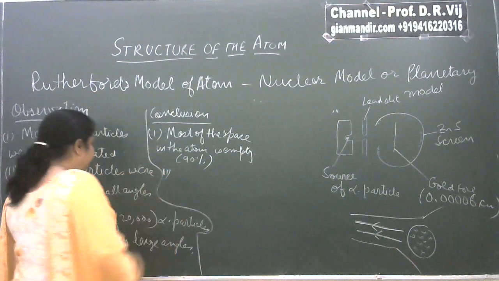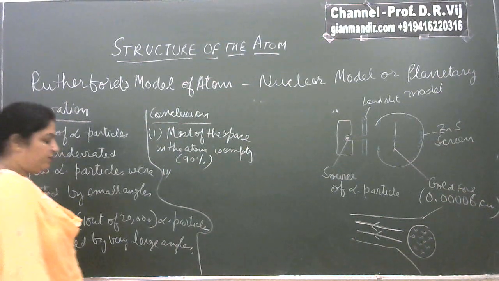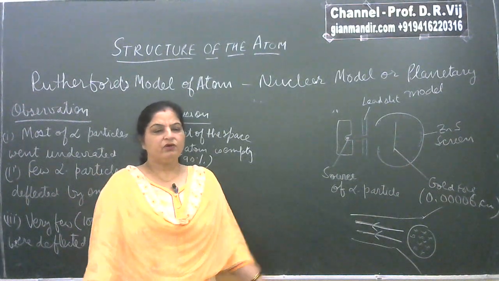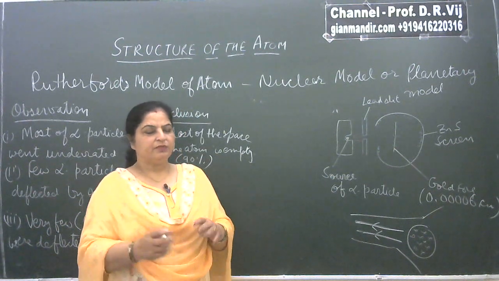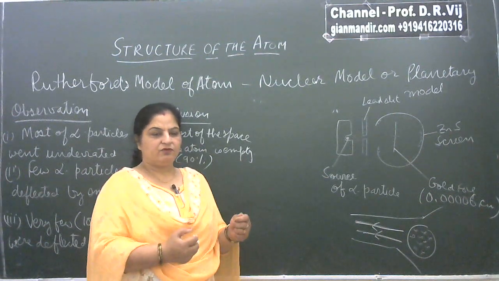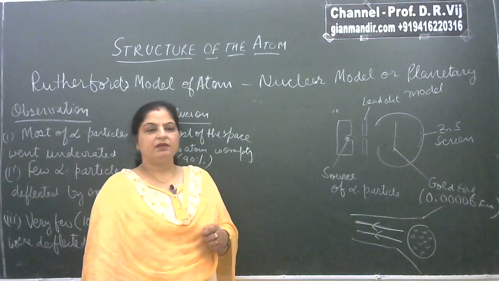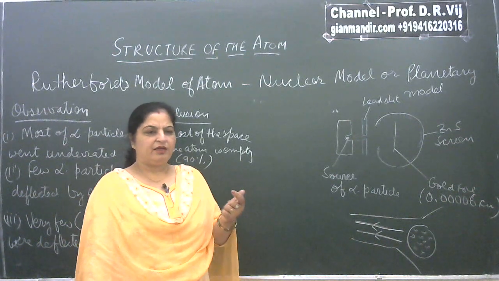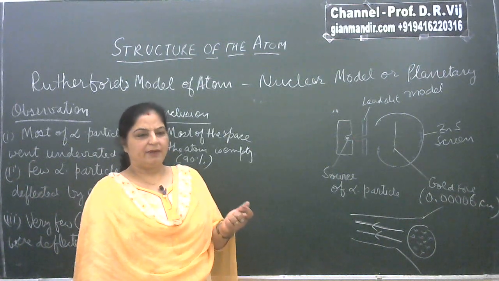Secondly, he observed that a few alpha particles were deflected by small angles, and alpha particles are positively charged and quite heavy in mass. So they could be deflected only by the positively charged protons. The negatively charged electrons cannot change the path of alpha particles, as the mass of an electron is negligible compared to the mass of alpha particles.